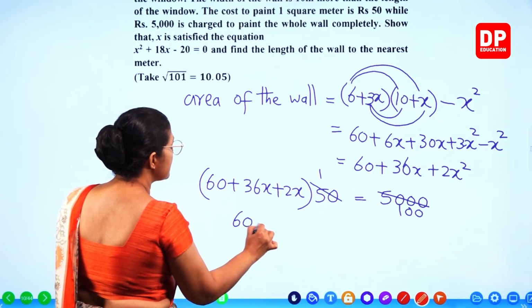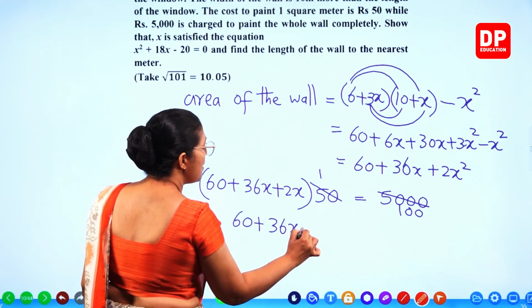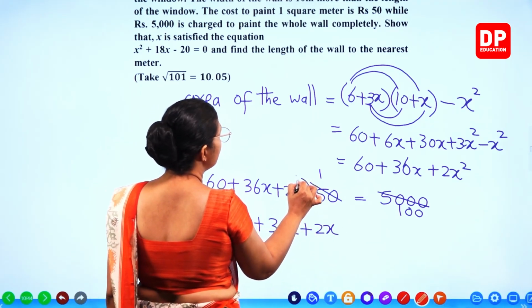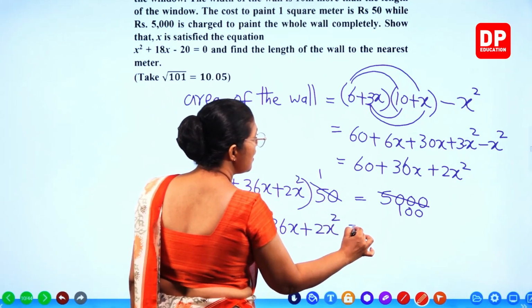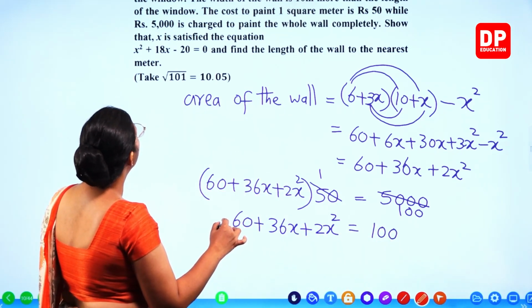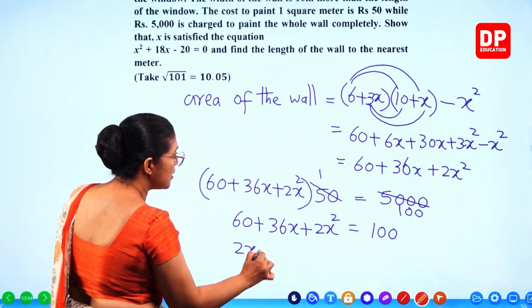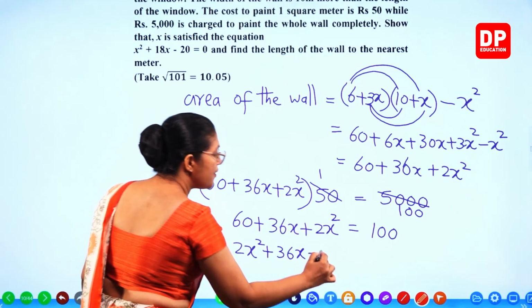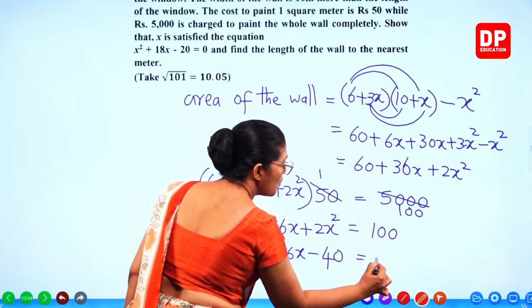So 60 plus 36x plus 2x squared is equal to 100. Take all terms to one side. 2x squared plus 36x, 60 minus 100, that's minus 40 equals 0.